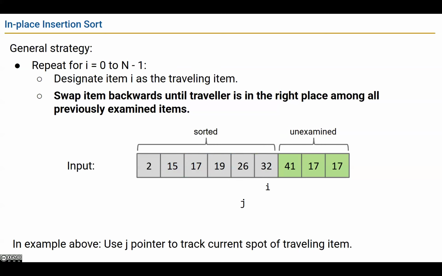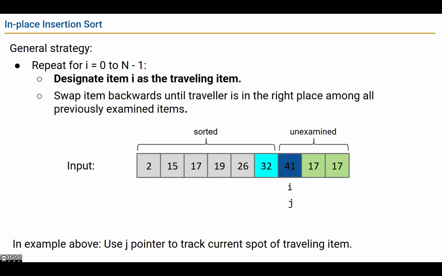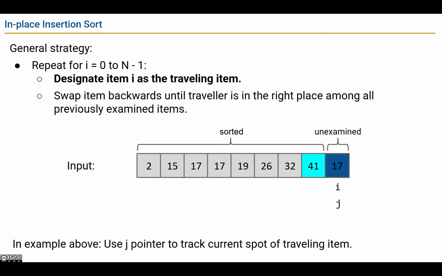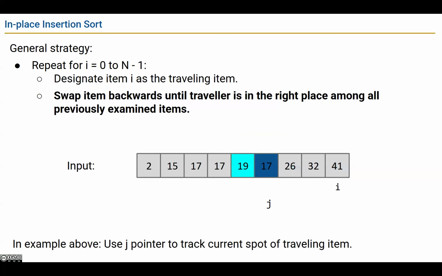No swap. 41, no swap. 17, swap. Swap. Swap. Swap. No swap. And then the 17, swap, swap, swap, swap, no swap. And using this, we are able to get our array sorted.